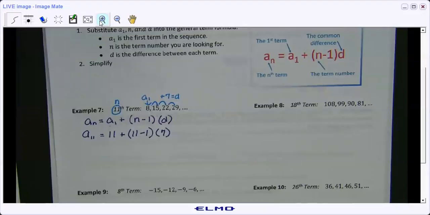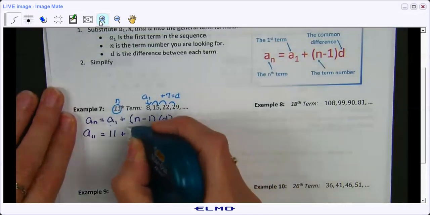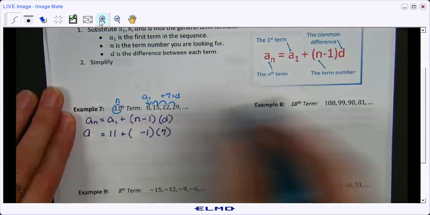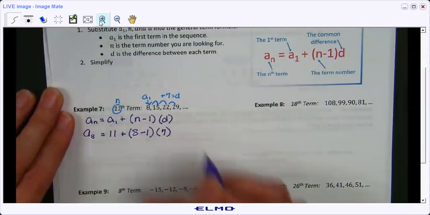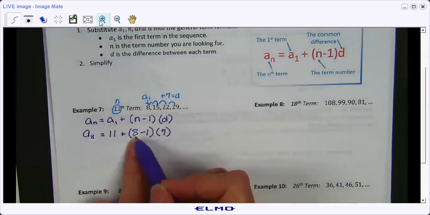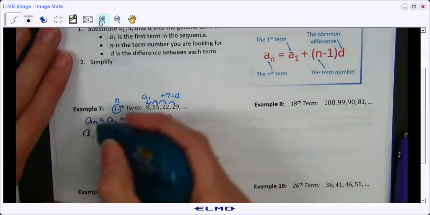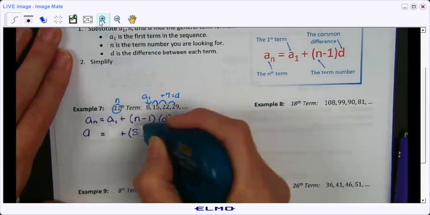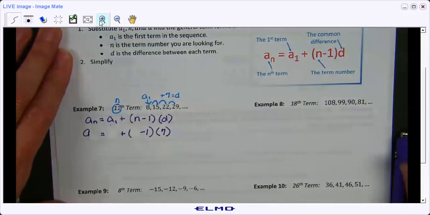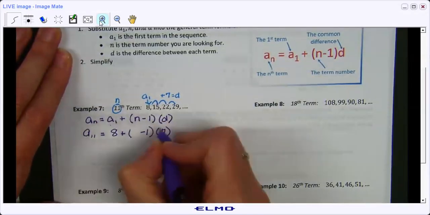It is an 8. I'm sorry, thank you. The first term goes right here. Okay, hold on. Sorry, guys.